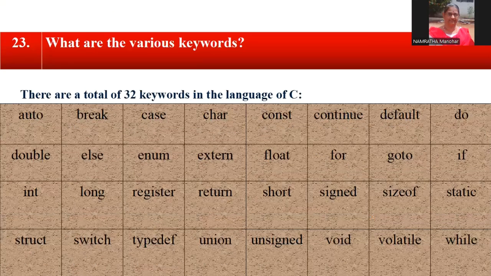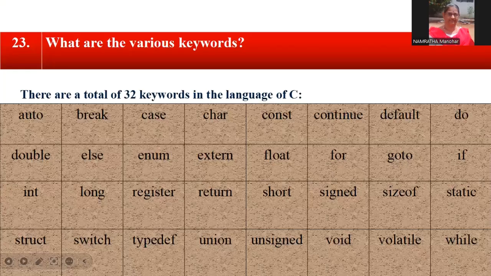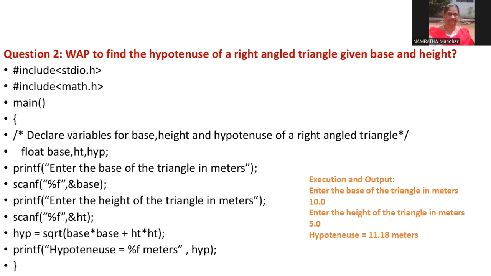What does float contain? See, float gives 6 decimal places. Because I didn't give 0.2f or anything here, I'm just saying percentage f, 11.180000 should have been the output here.